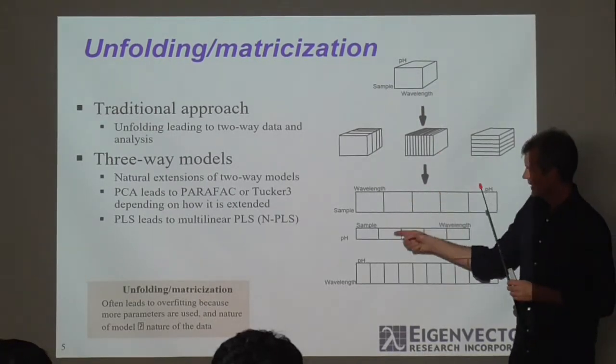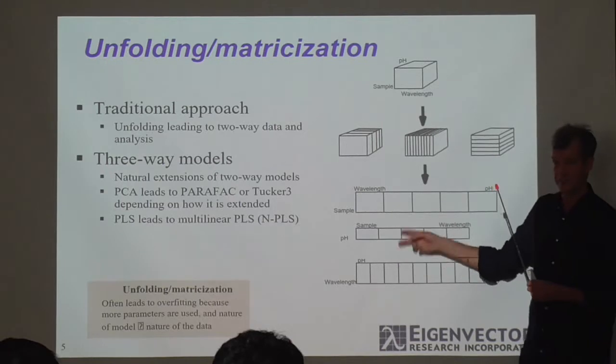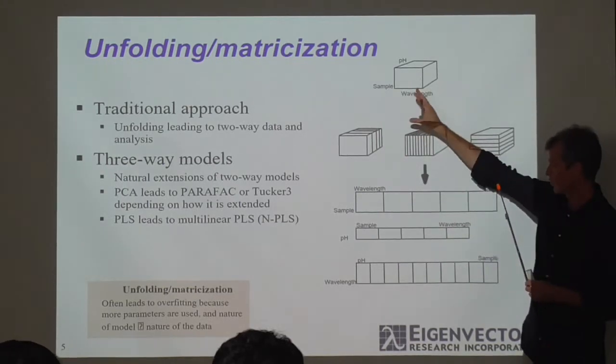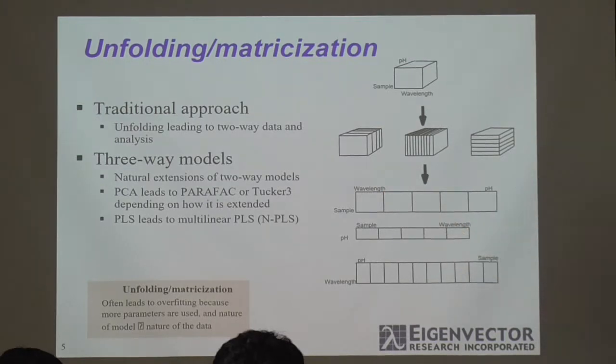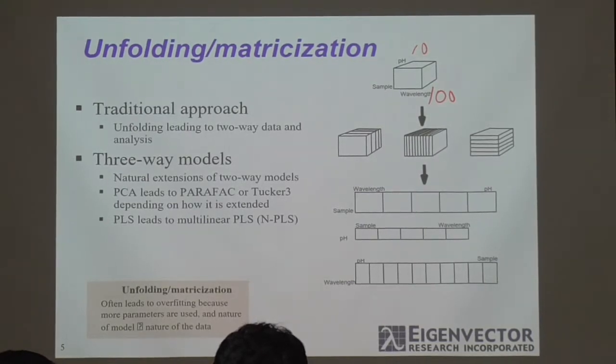Well, first of all, it's complicated because now there are 3 different ways that I can unfold the data. And also, this is going to be very long. Imagine that I measured, let's say, 100 variables and 10 pH values. So that's sort of 110 different things.